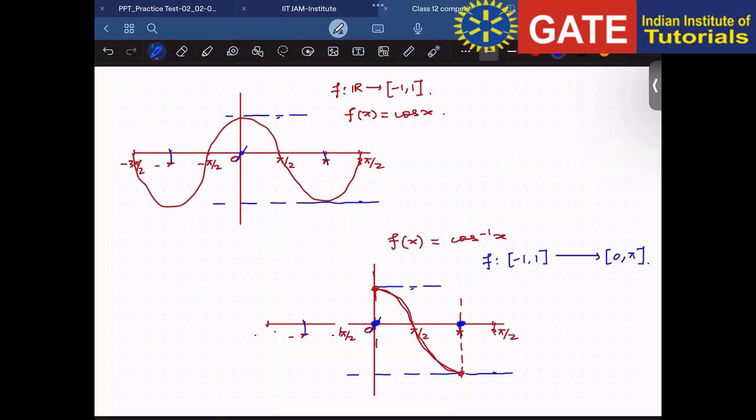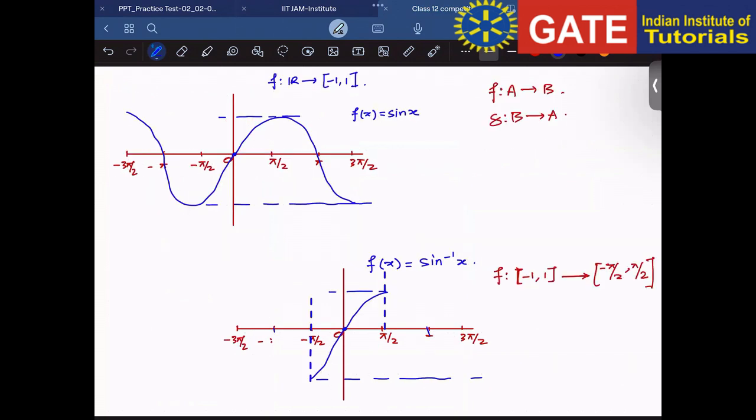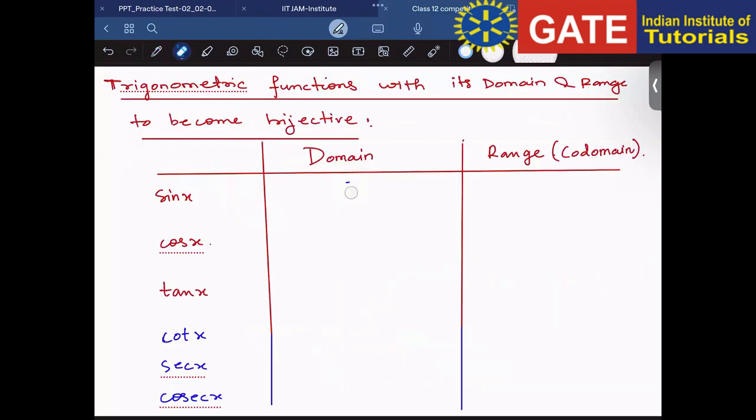See, domain of sin x for it to become one-one should be from minus pi by 2 to pi by 2. Correct? And what should be the range? Range is -1 to 1. That is the condition for it to become bijective.